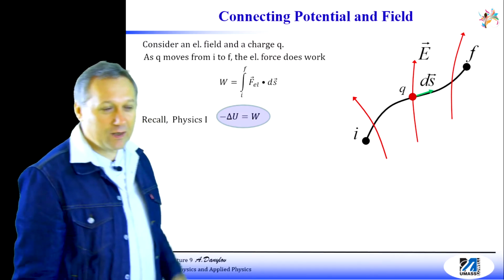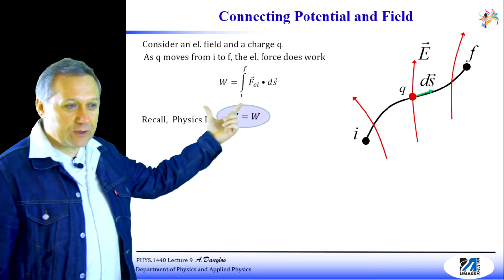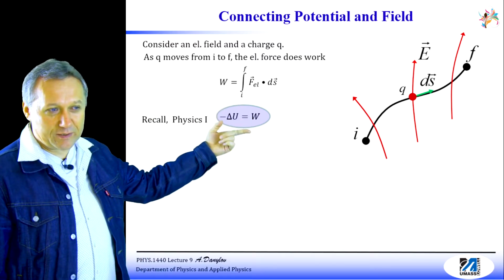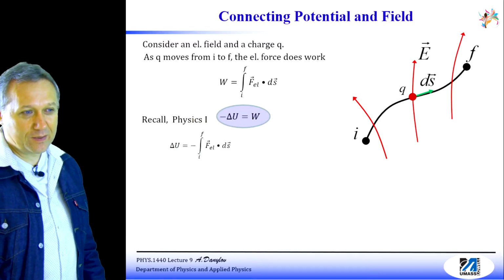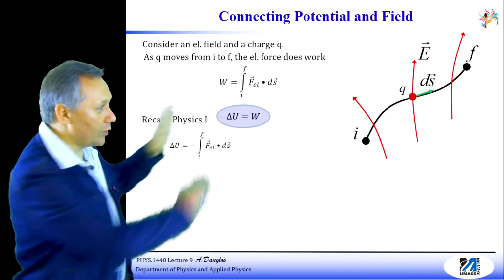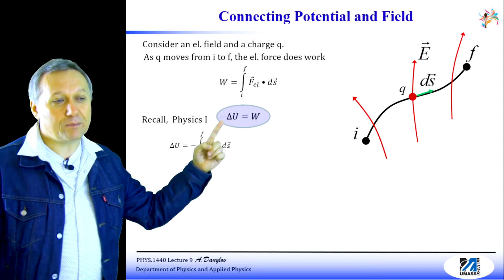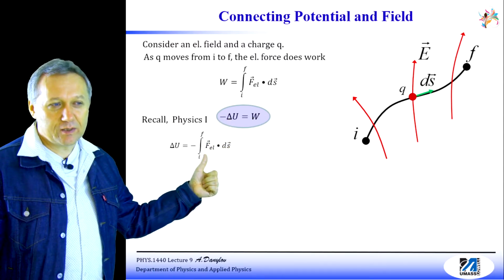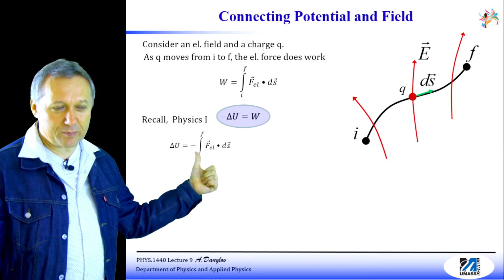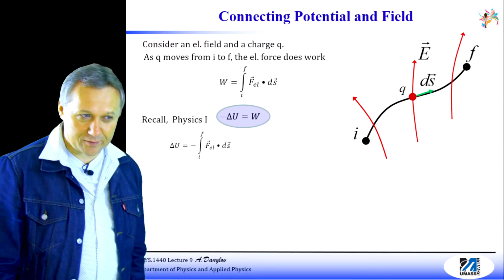Okay, so it looks like this expression for work should give us this relationship. Now let's replace first, instead of work, I'm going to use delta U. Instead of work, delta U. The right-hand side will be exactly the same, but I move this minus to the right-hand side of the equation, so that minus appears in front of this integral.